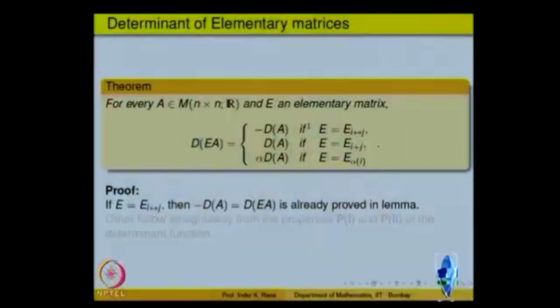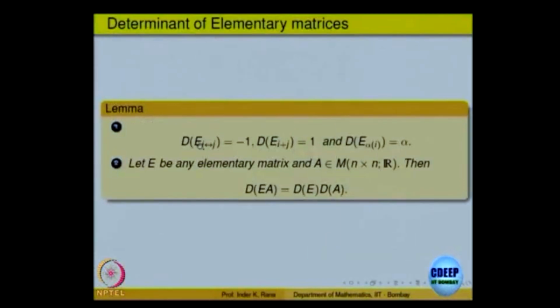So, do we know that the determinant of each E_k is not 0? Yes, just now we computed, right, either it is 1 or it is minus 1 or it is alpha, where alpha is non-zero. For an elementary matrix the determinant is either 1, minus 1 or alpha, where alpha is non-zero. So the determinants of elementary matrices are non-zero.